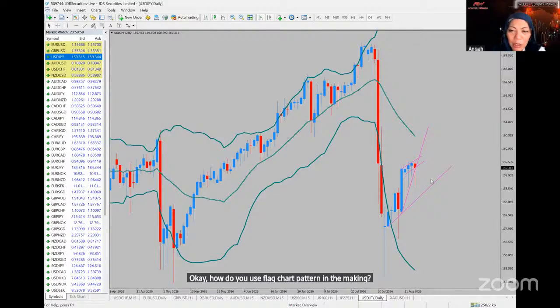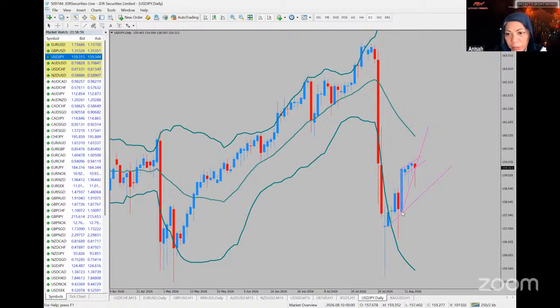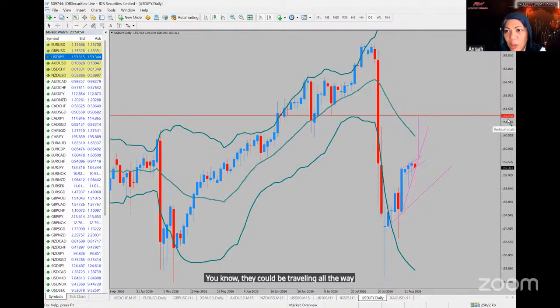For projection, basically we measure the height of the pole, and then you project from the point of breakout. So the target price could be traveling all the way to 161.286. That is your TP1. And TP2 is the previous peak, which is 163.804.